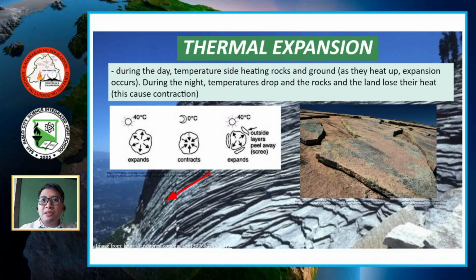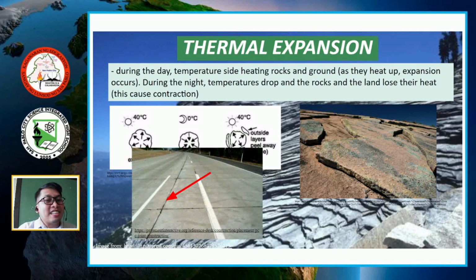Meron tayong simple illustration ng thermal expansion. Let's say sa mga kalsada natin. Kung makikita natin yung kalsada natin, meron siyang mga joints, yung mga lines na yan. The reason na meron siyang mga joints is kasi nagkakaroon ng thermal expansion itong mga rocks or itong composition ng mga daanan natin. So kapag sobrang init, nag-e-expand sila.